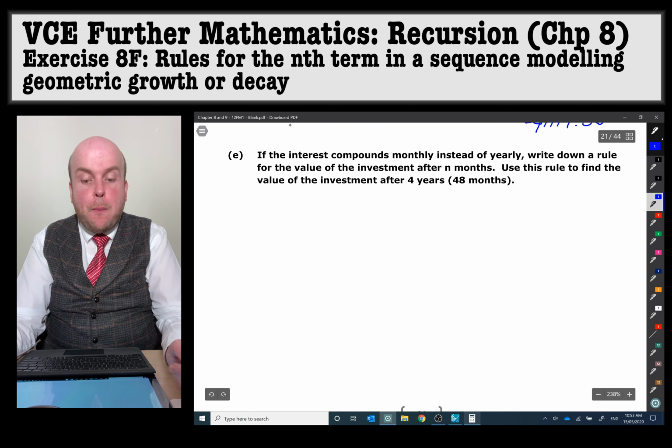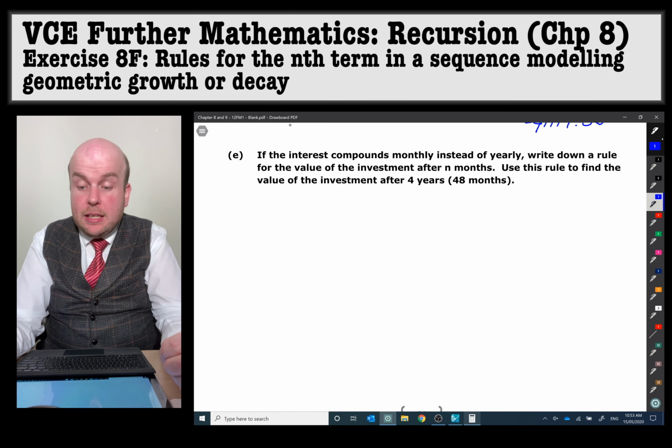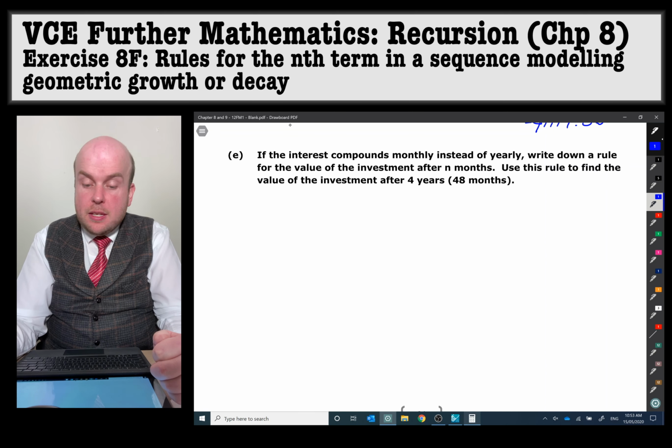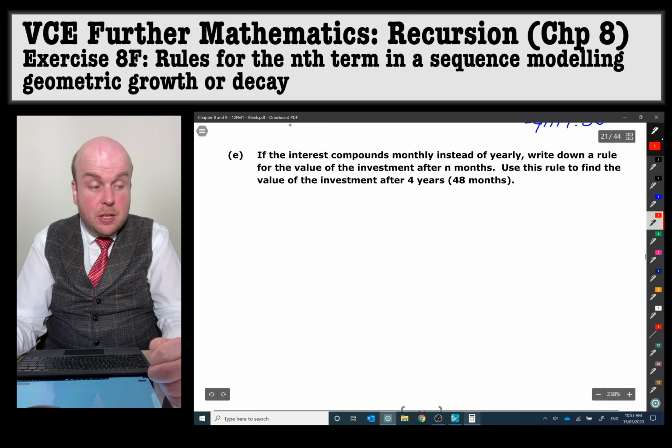If the interest compounds monthly instead of yearly, write down a rule for the value of the investment after n months. Use this rule to find the value of the investment after 4 years or 48 months. This time we'll need to adjust the formula accordingly.